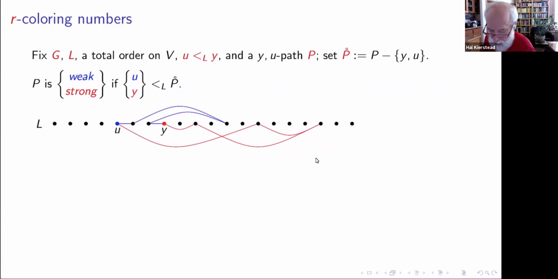Okay, the path is strong. What does that mean? It means that we're going to strengthen the requirement. So the requirement is that the inner vertices of the path have to be bigger than the big endpoint. So this is an example of a strong path.